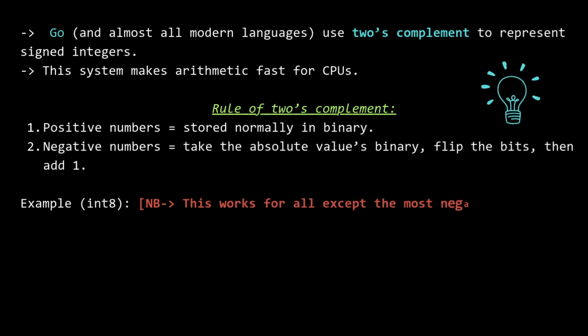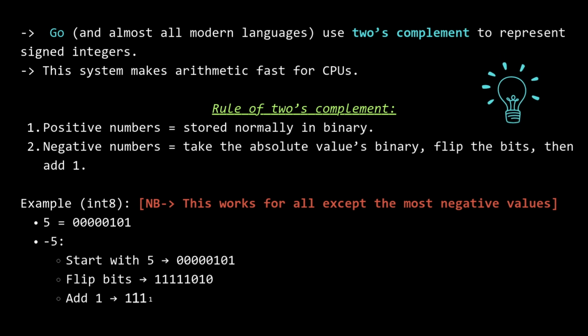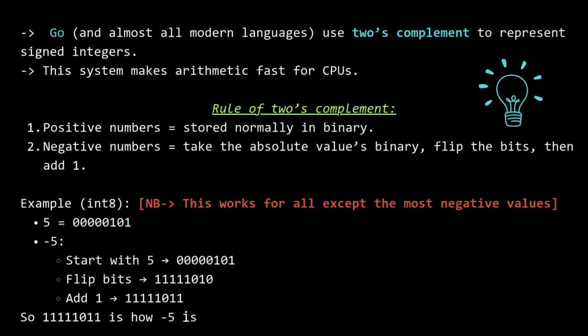It is much more efficient when it's doing its calculation. For example, positive numbers, for the 2's complement, are stored normally in binary. So let's say we have a number like 7, we store it as a binary number. While for negative numbers, you take the absolute value's binary, flip the bits, then add 1. So it's more like a 2 or 3 step process. For example, on the screen here, we have number 5, and 5 in the binary system is 00000101.